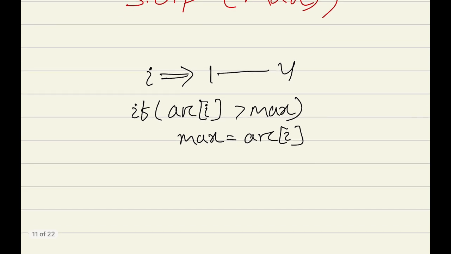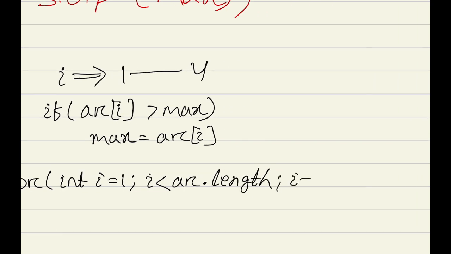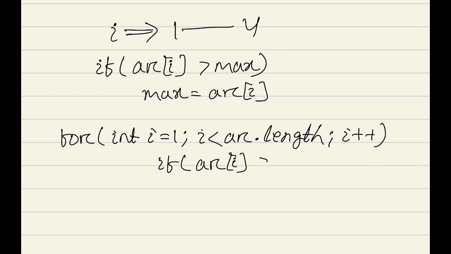So we can write the loop like this: for int i equal to 1, i less than AR dot length, i plus plus, then if AR of i greater than max, then max equal to AR of i.